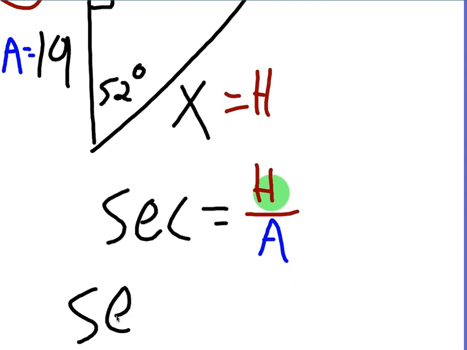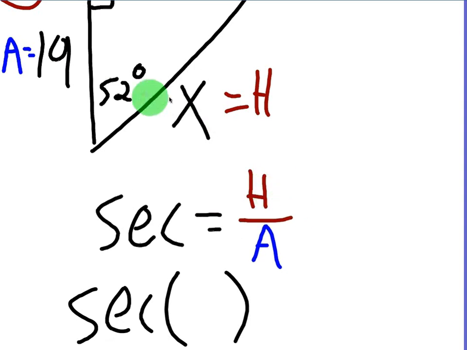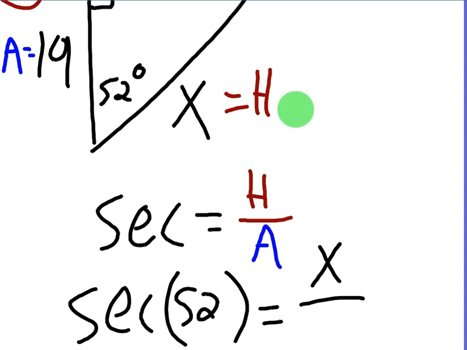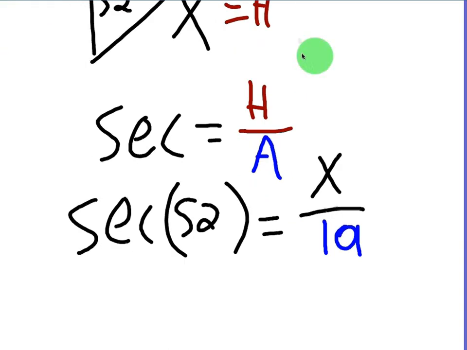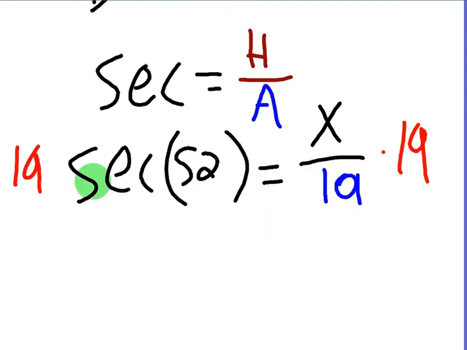So we got secant of the angle, which in this case is 52, equals X over 19. And you can already kind of see, this number, when you plug into your calculator, it's always going to end up next to that number, because we have to multiply both sides by that in order for it to cancel.